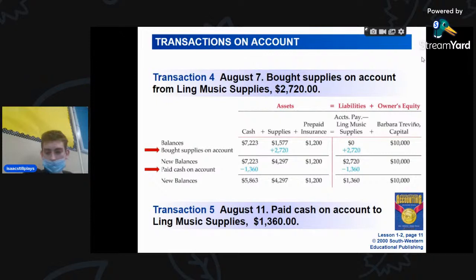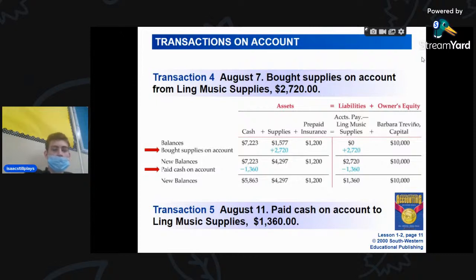27.20. So my cash didn't do anything. It stayed the same. My supplies ends up being $42.97. Nothing happened to my insurance. Did anything happen to AP? Yes. Okay, so what happened to AP? It went up also. Now, a second ago, we had them going up and going down.